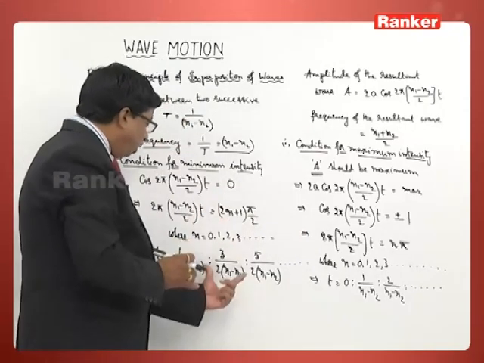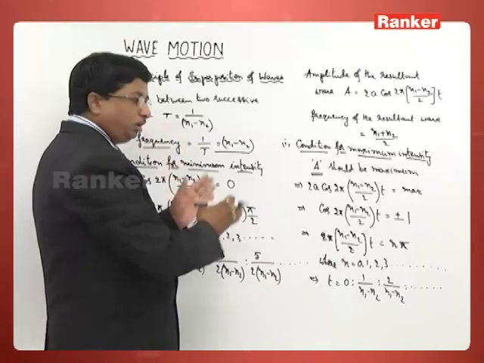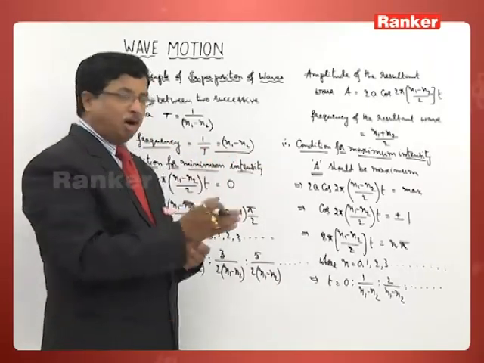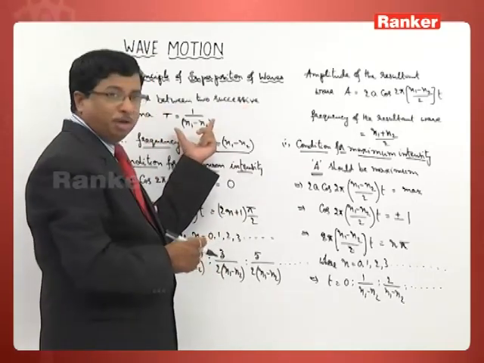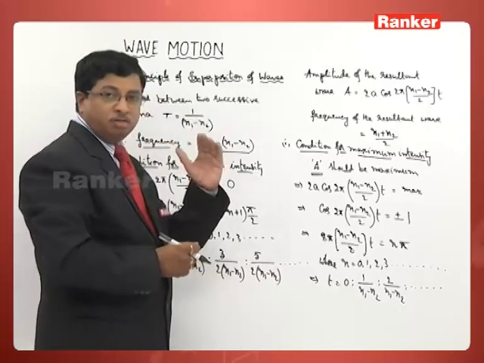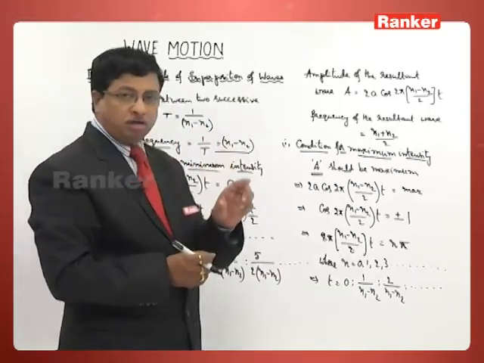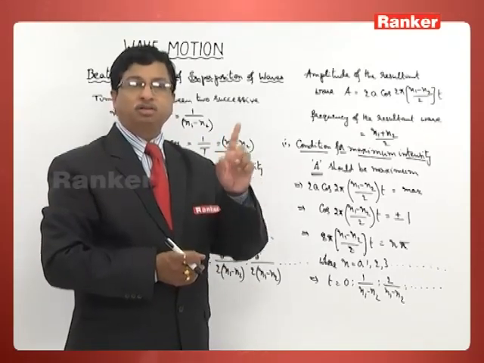So we can understand from this what exactly is going to be the time between two successive minima this time. Earlier we took the time period between two successive maxima and got 1 by n1 minus n2. Even in this case, the time between two successive minima will be the same.